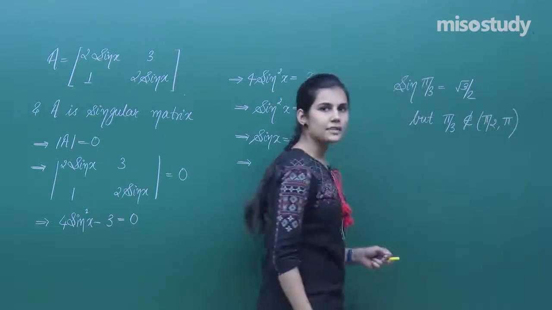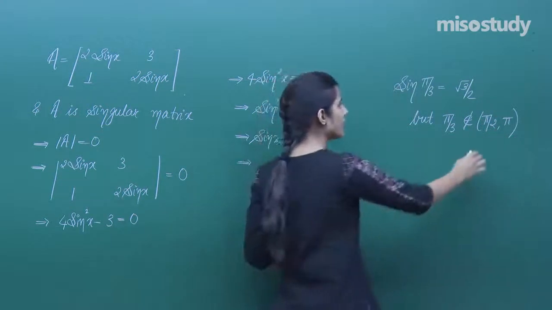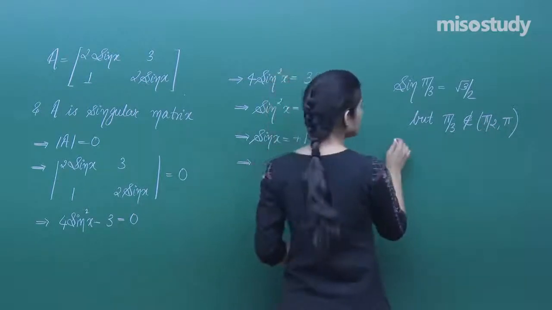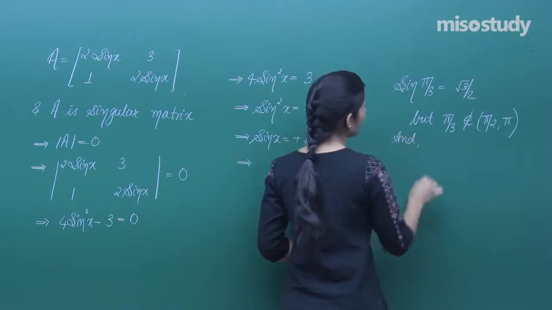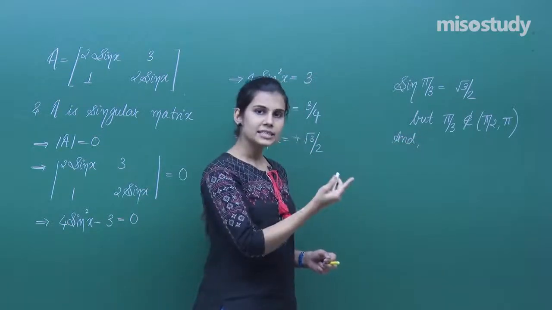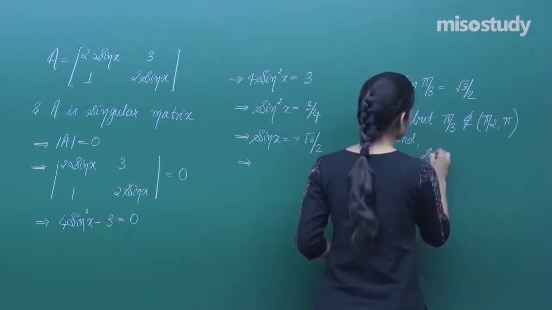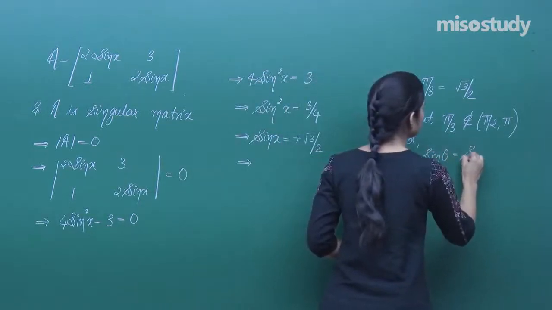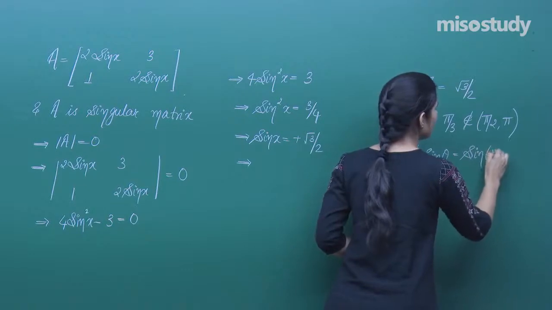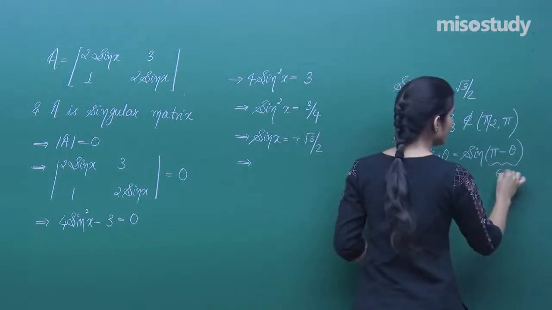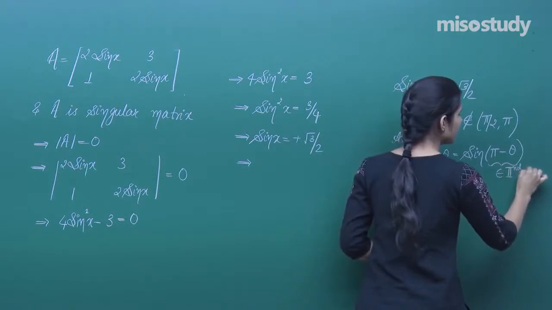It actually lies in the first quadrant. I want an angle in the second quadrant at which the value of sine is root 3 by 2. We all know that sine theta is the same as sine of pi minus theta, and pi minus theta lies in the second quadrant.